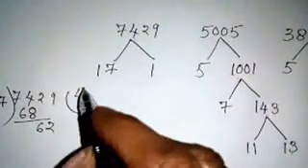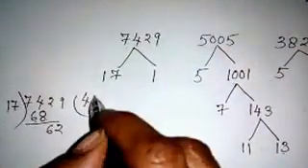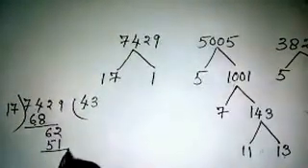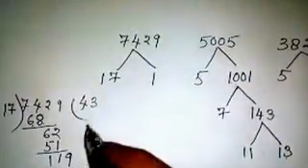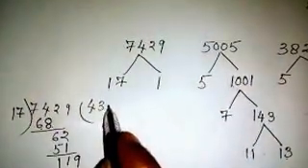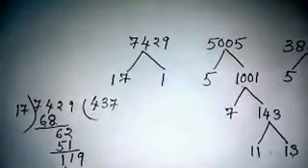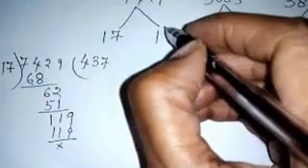Carry down 2. Again 4 times will be 68. So let us take 3 times. 17 threes are 51. Now carry down 9, so it will be 7 times. 7 sevens are 49. It's divisible by 17. So we got 437.